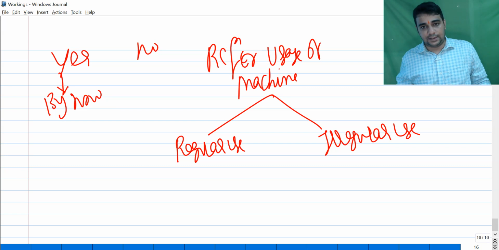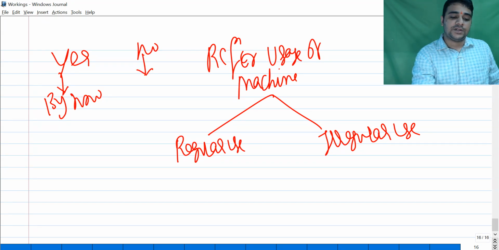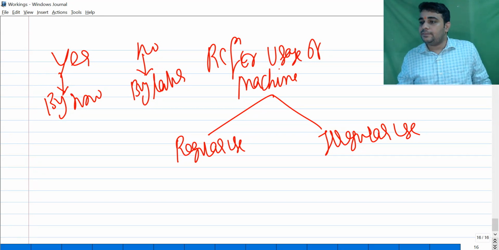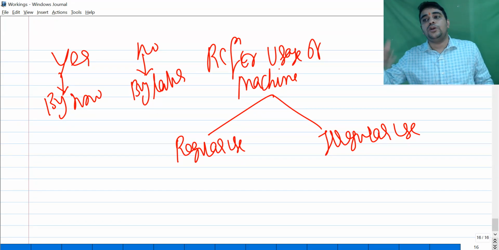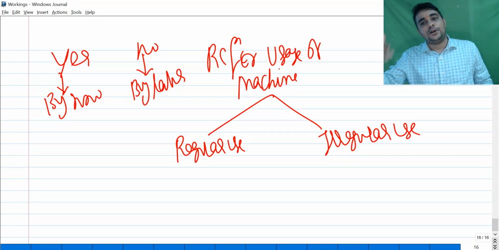If you don't get a contract, you will buy the machine later. The understanding is, either the machine has to be purchased now, and if you purchase it now, you need not buy it later, or if you are not taking up the contract, you buy this machine later.